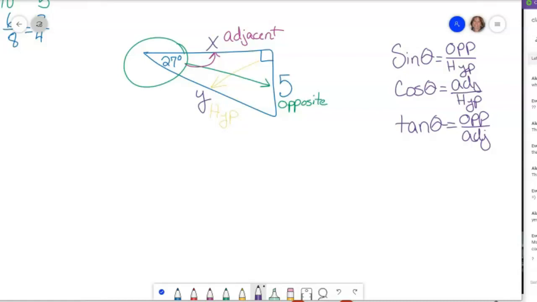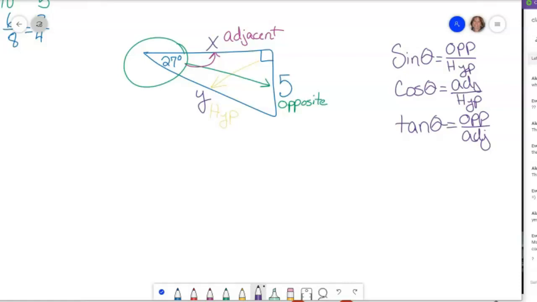But that is what we're going to do. When you look at what you've got, we have a 5 that's out there, it's opposite of my angle. So therefore, right there, that told me the two types of functions I was going to need to use, the sine and the tangent. Because again, they both contain the opposite in their ratio.